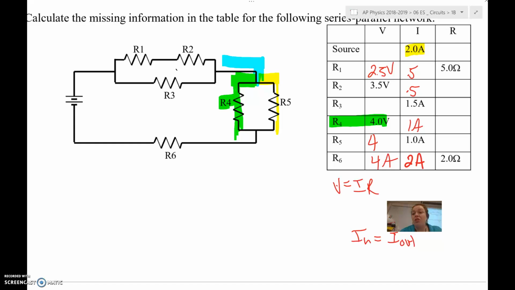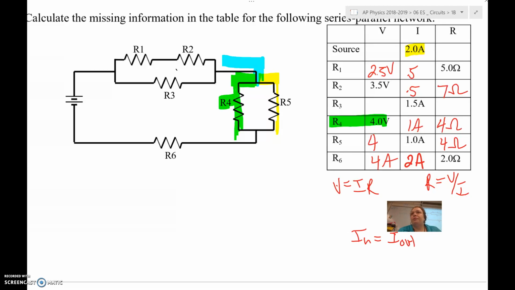And then I can solve for the resistance using voltage over current. So the resistance across R2 is 3.5 divided by 0.5, or 7 ohms. And the resistance across R4 is 4 divided by 1, so it's 4 ohms. It's the same for the other one, R5.